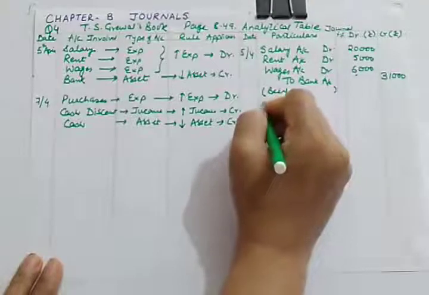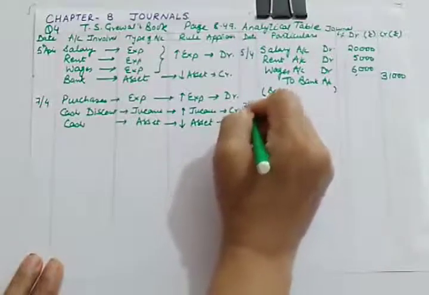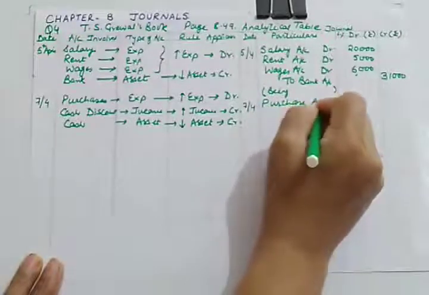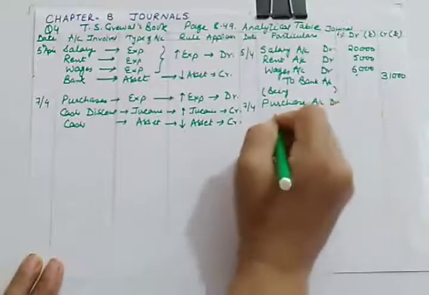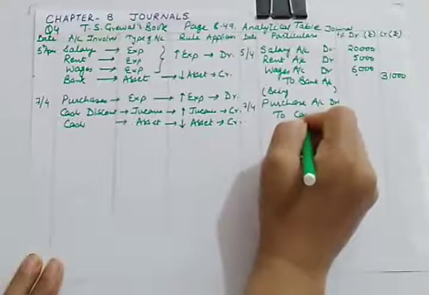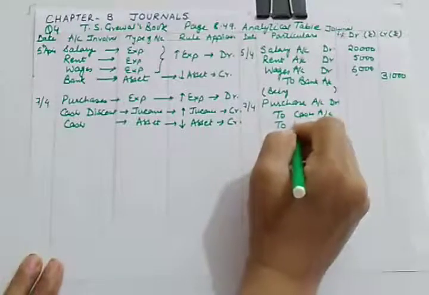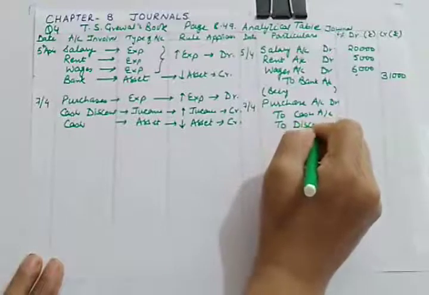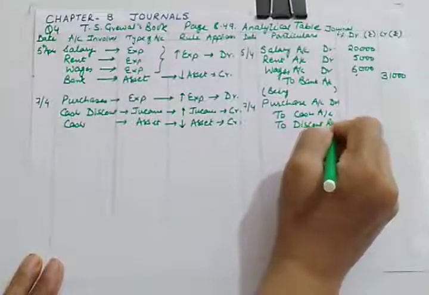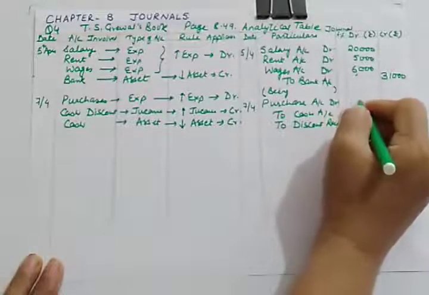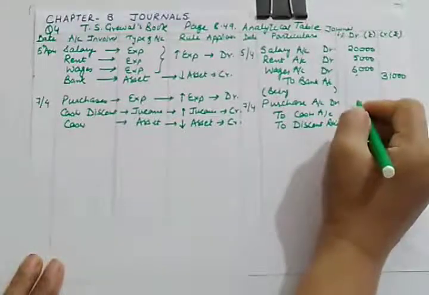So finally I will be recording this transaction on 7th April: purchase account debit, then to cash account, and to discount received. So purchase is debited with how much? We have written 27,000.